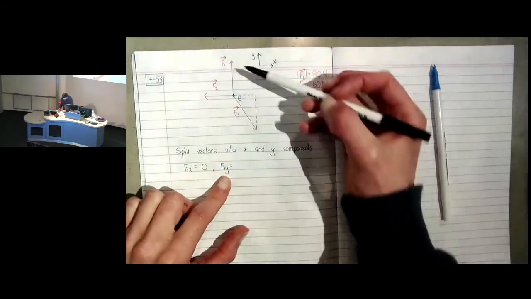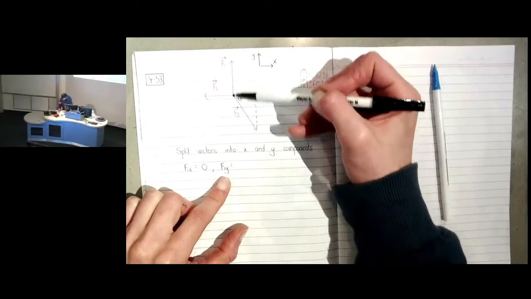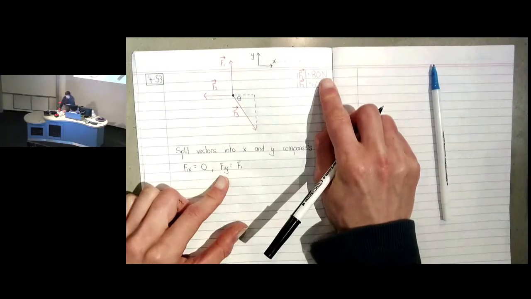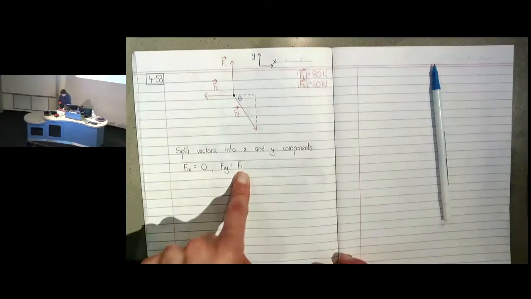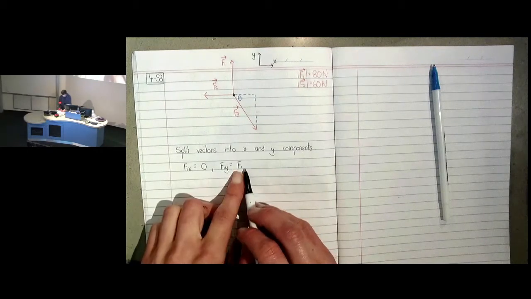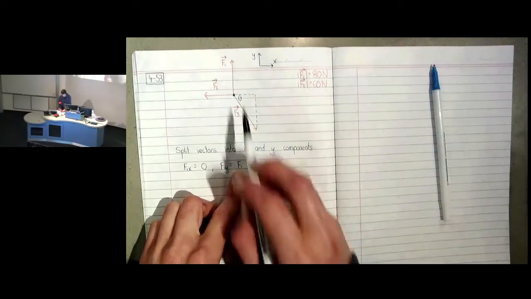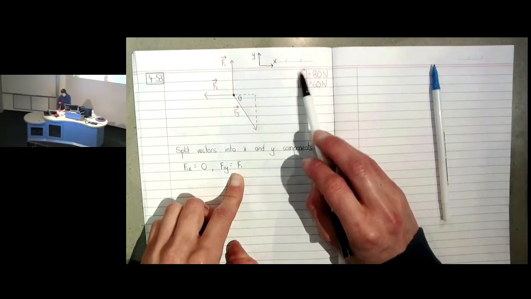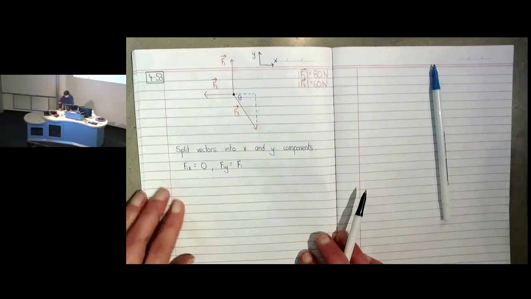So the y component of F1 is just going to be equal to the length of F1, which we know is 80 newtons. But I'll just call it F1. So this F1 without the little arrow over the top just means the length of this vector and is the same thing as F1 vector with two modulus signs around it.